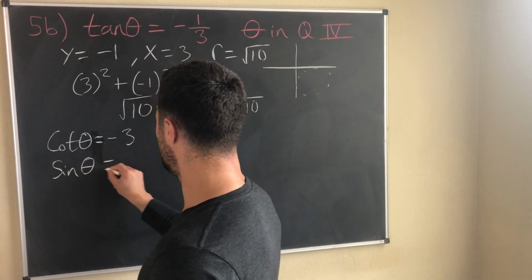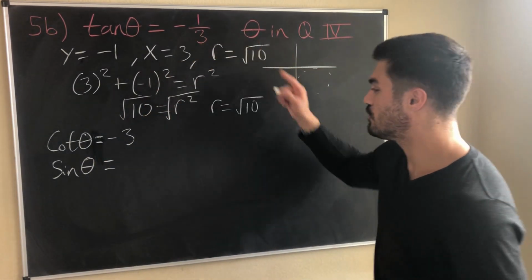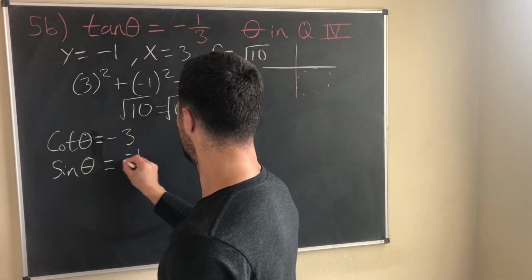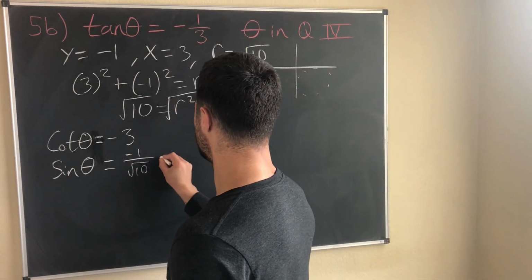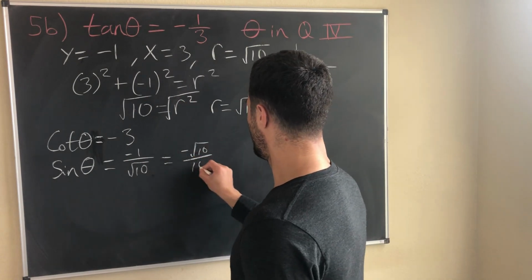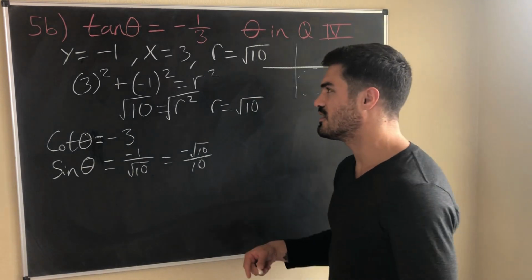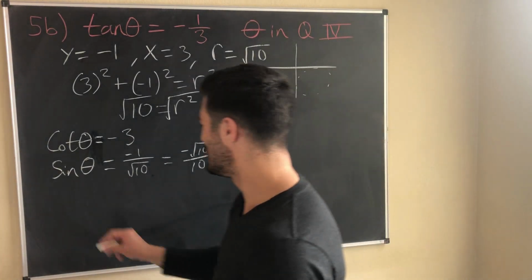Sine theta equals what? Y over r. -1 over root 10. Here's why we get to practice rationalizing our denominator. That is -root 10 over 10. I multiply the top and bottom by the square root of 10. I have a video on rationalizing the denominator if you want to refresh yourself.